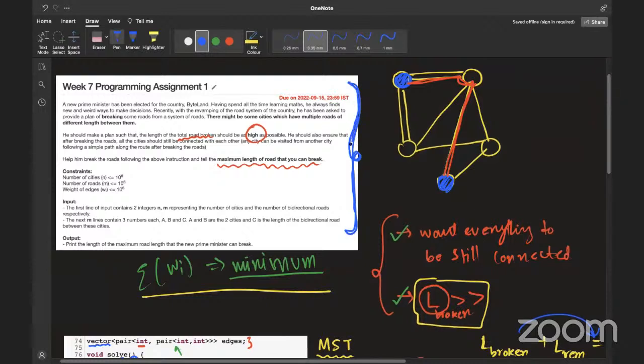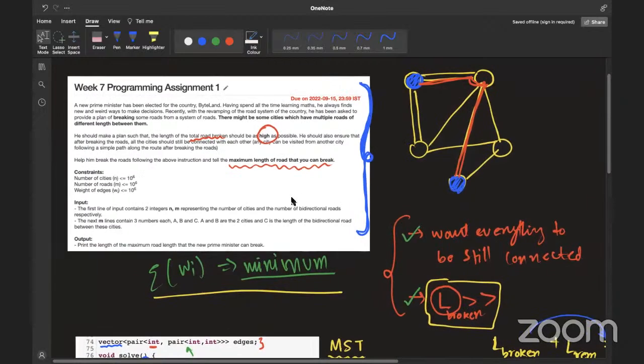If you had thought of MST there, you would have easily solved the problem. This problem was easy with implementation, but you would have to think of it in terms of MST, and only then would you have solved it.